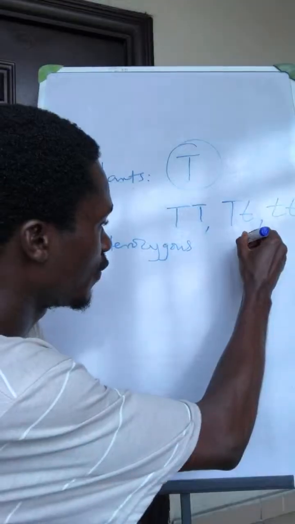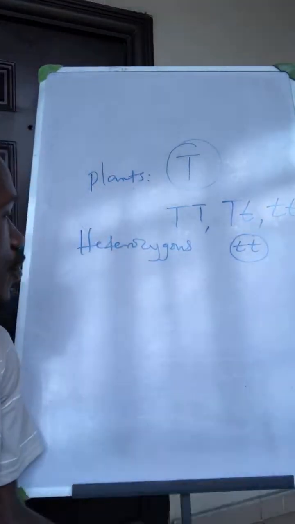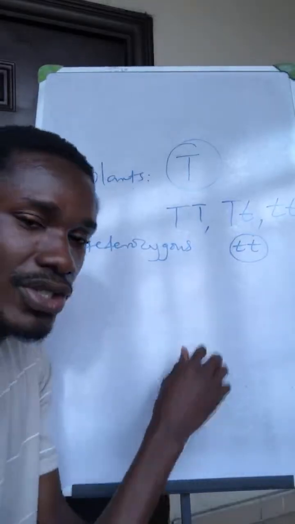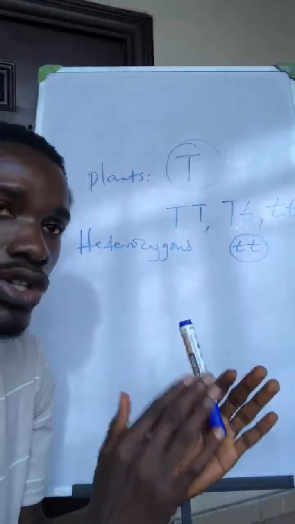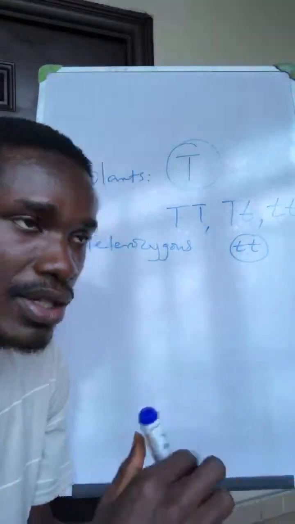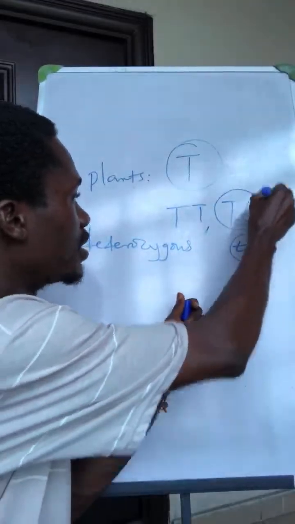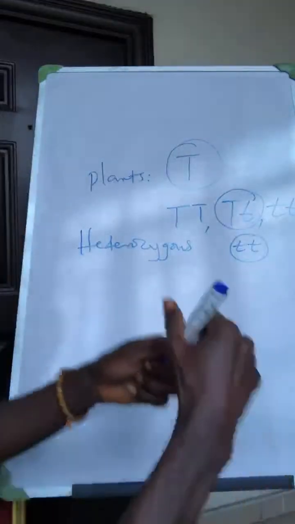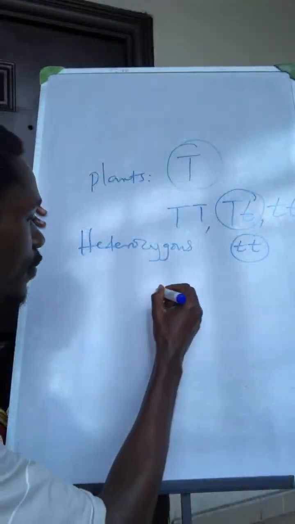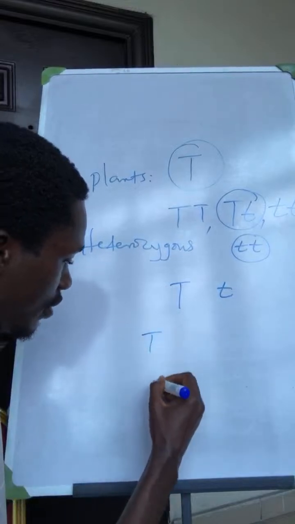Which means we are looking for small t, small t. Don't be confused. This word heterozygous, they just want to use it to confuse you. It means the 2 plants are big T, small t. They have 2 copies, big T, small t. So we have the 2 plants here, big T, small t, and big T, small t.